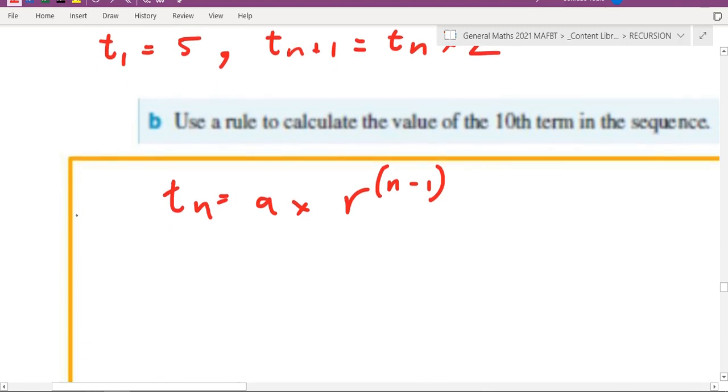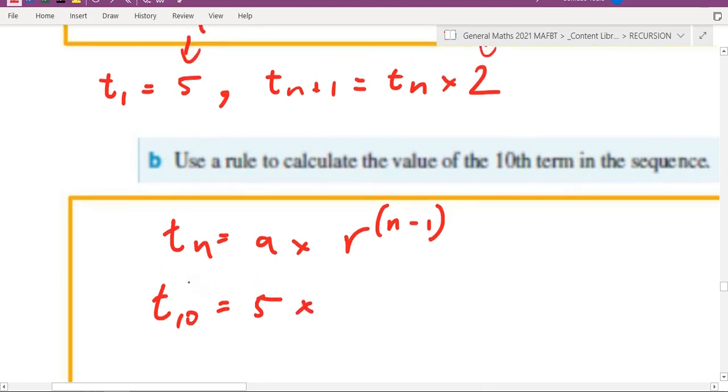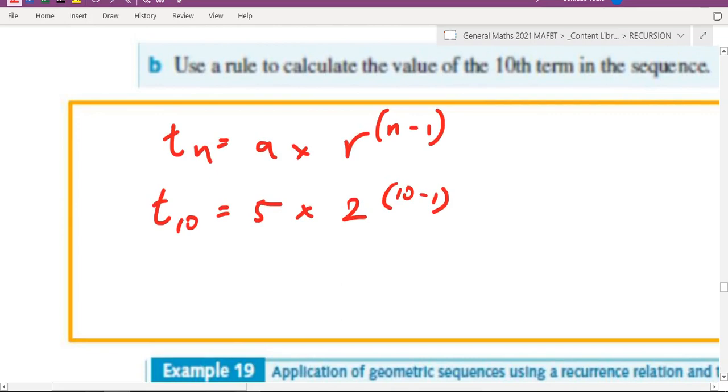So in my formula, if I'm looking for the 10th number, T10 is equal to 5, which is my first term, times 2, which is my ratio, to the power of 10 take away 1.